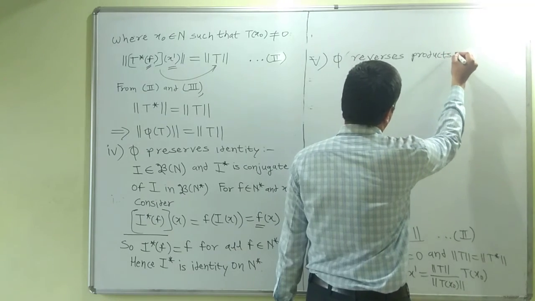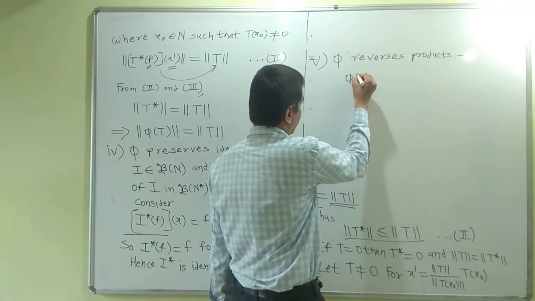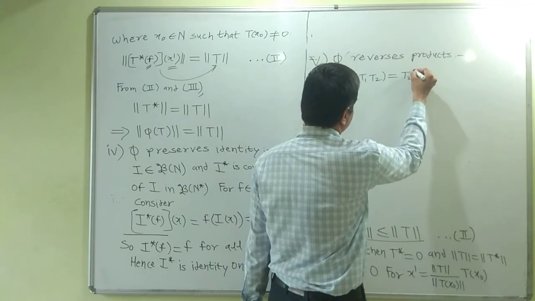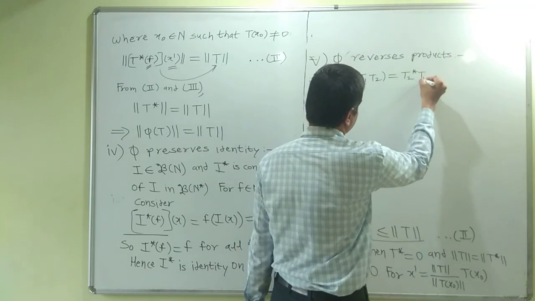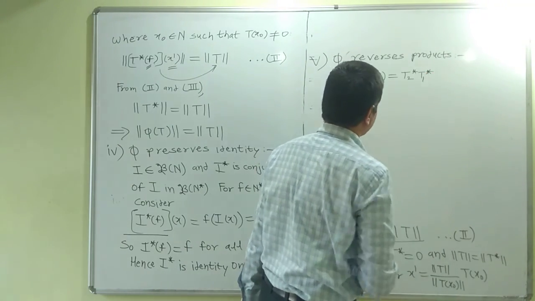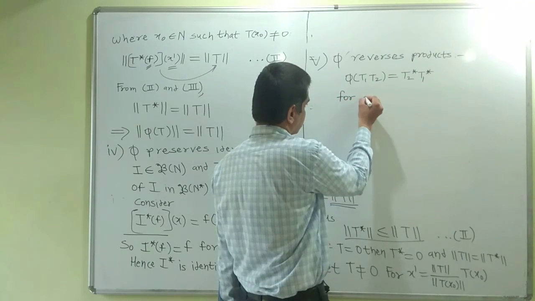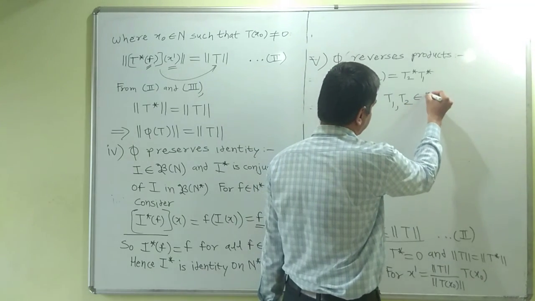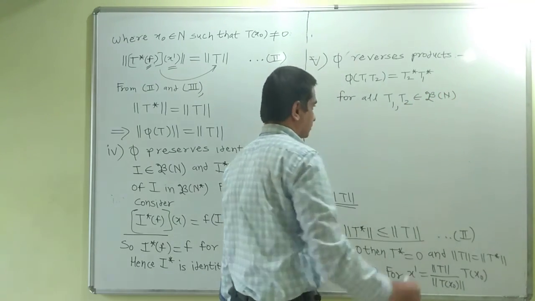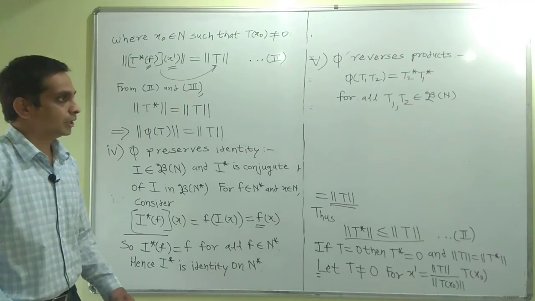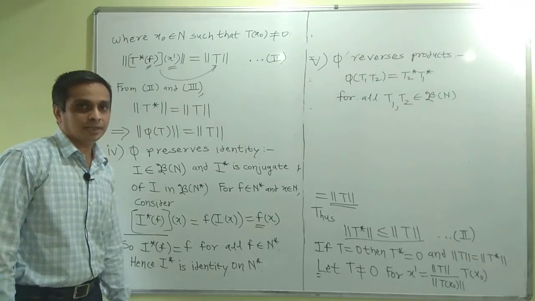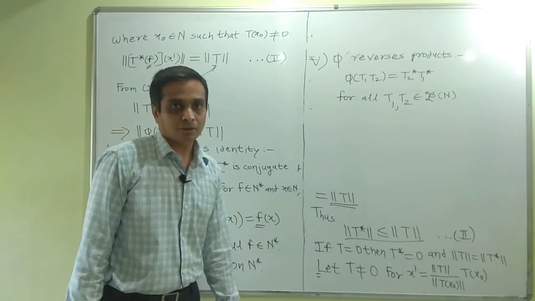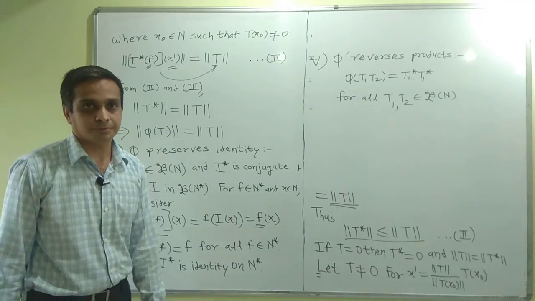So phi reverses products means we have to prove that phi of T1 T2 equals T2 star T1 star for all T1, T2 belongs to Bn. This is what we have to prove. It is fairly simple to prove this by using the definition of conjugate. In case you are not able to prove it, you may refer to the notes. Thank you.